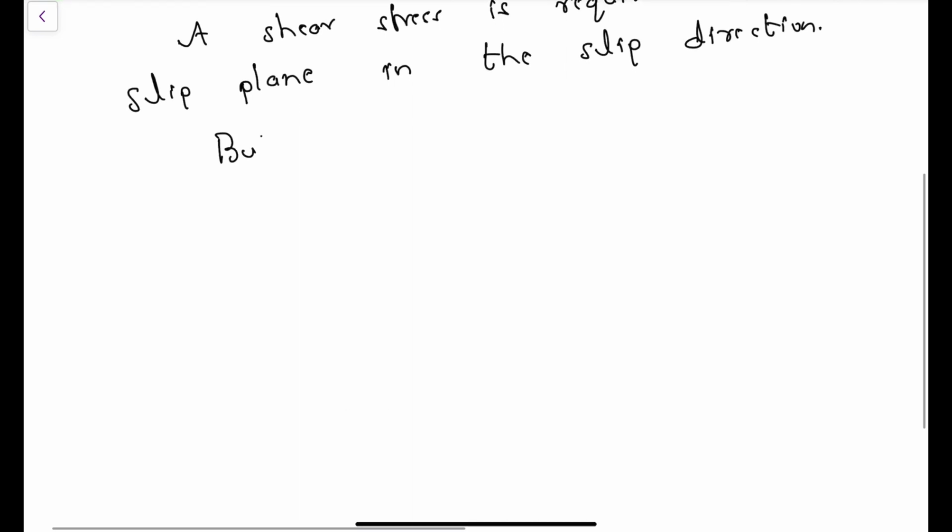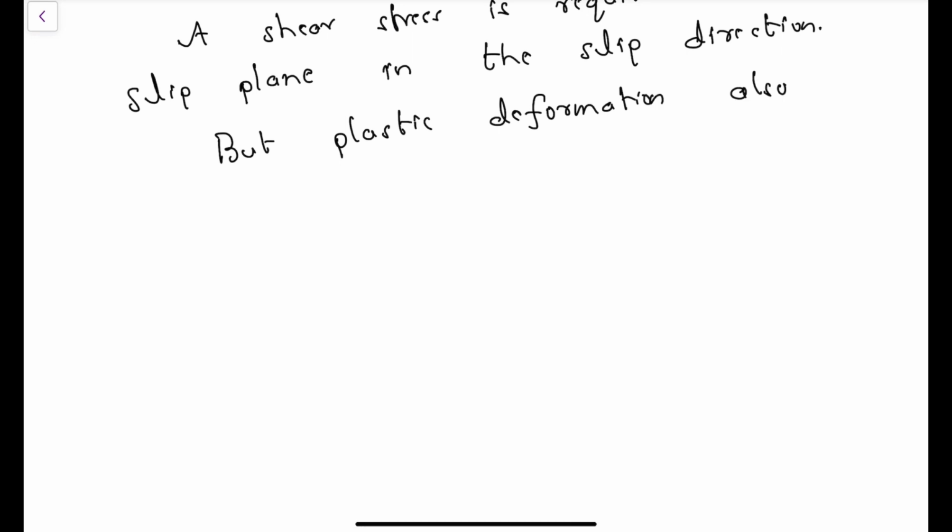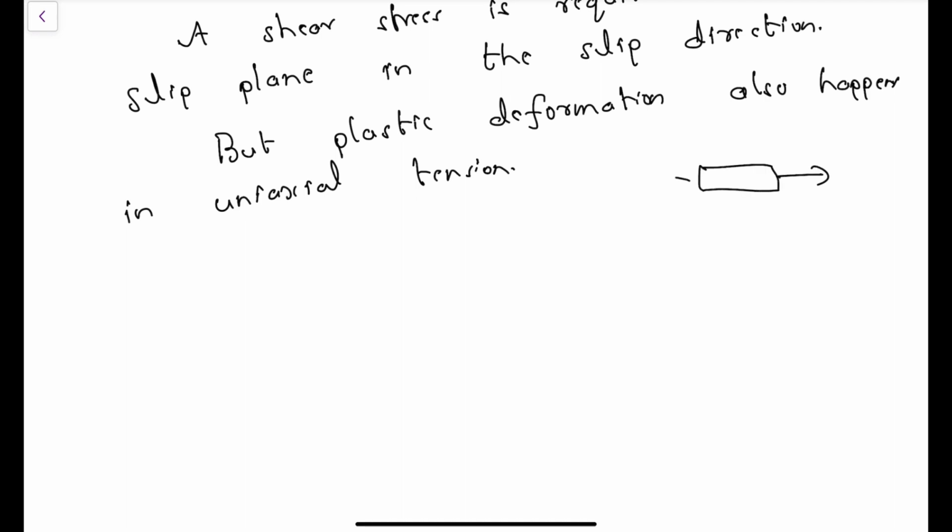But you know that plastic deformation, that is the slip, also happens in uniaxial tension. Earlier, when we did a uniaxial tensile test, the material was loaded like this.